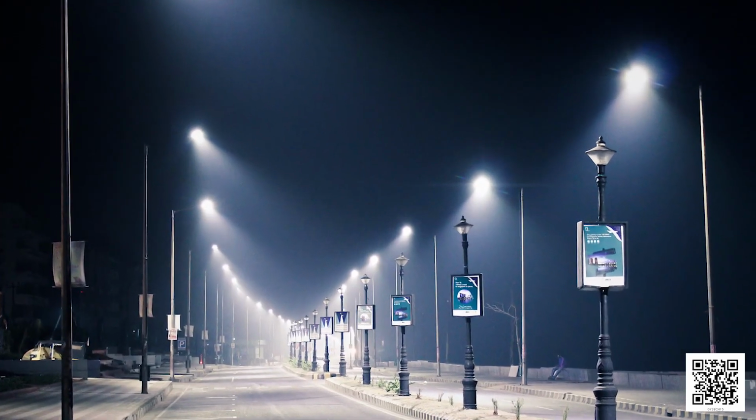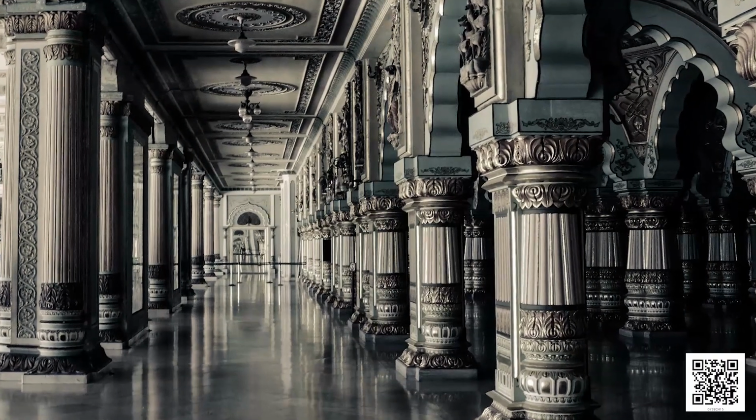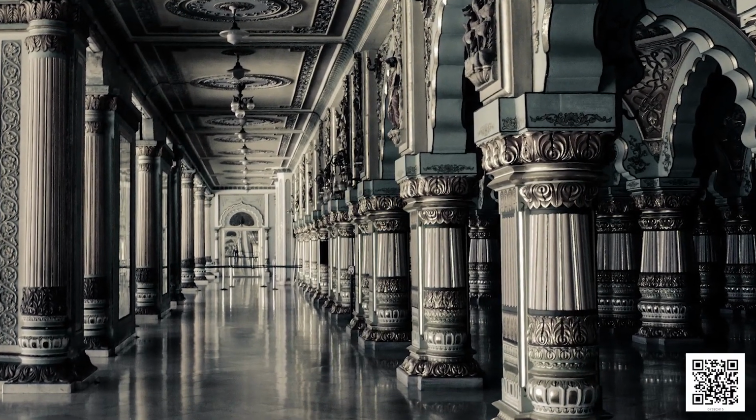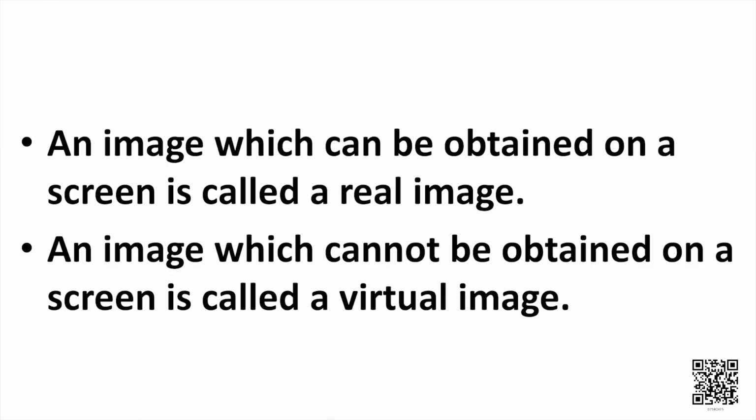So students, with this we are almost at the end of our chapter. We have learned a lot of things in this chapter. We have learned that light travels along straight lines. We have learned that any polished or shining surface acts as a mirror. Also we got to know that an image which can be obtained on a screen is called a real image and an image which cannot be obtained on a screen is called a virtual image.